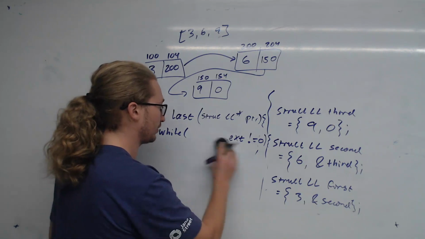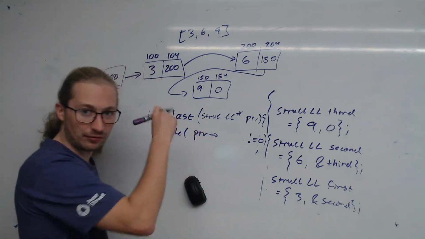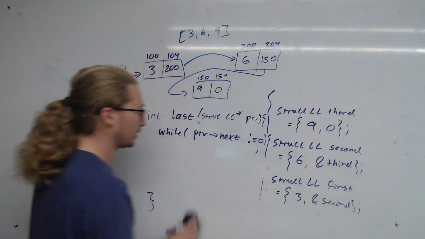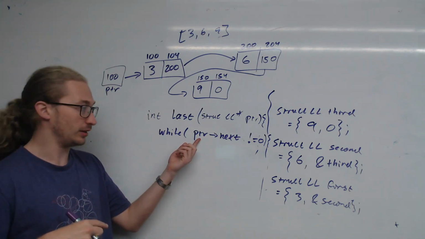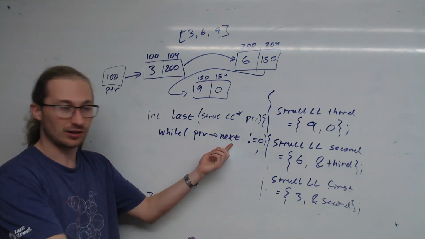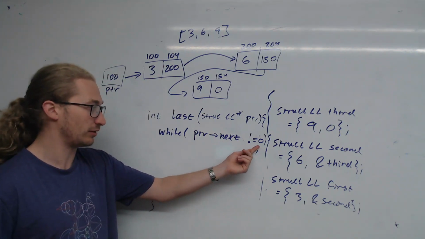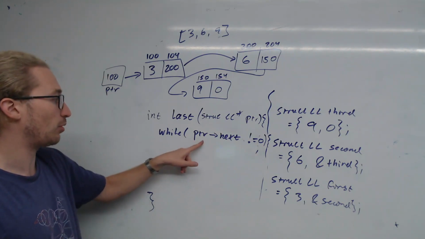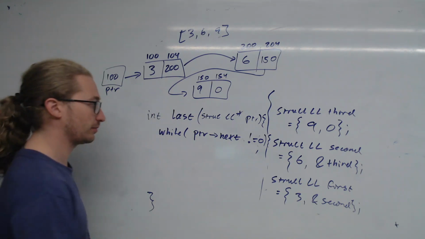So we can instead write pointer, and it's just a hyphen and then a greater than symbol. What this means is: while the pointer is pointing at a struct where the next element of that struct is not 0, do stuff. So what am I going to do? I'm going to replace the pointer with whatever this pointer is.